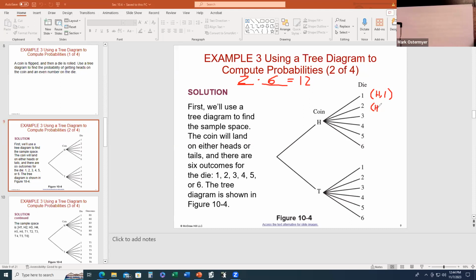Head, comma, 2. Or you could flip a head and roll a 3. Or a head and a 4.